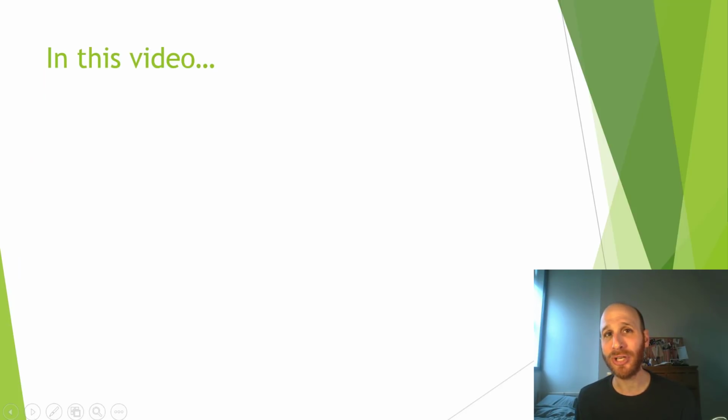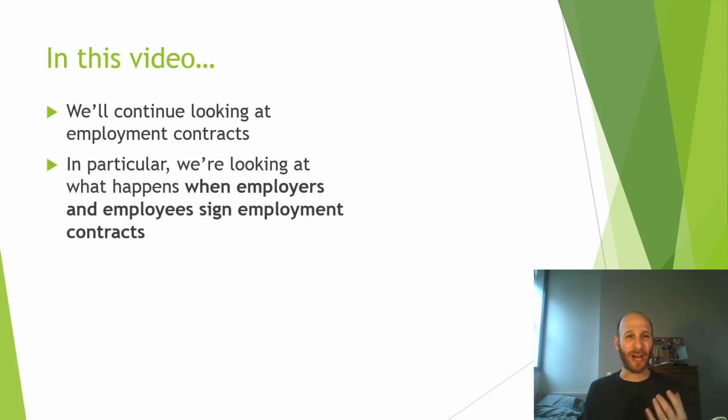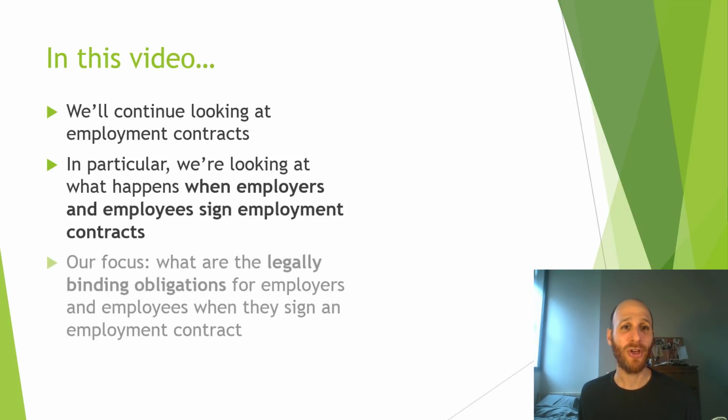In this video, we're going to look at a couple of things. We're going to look at employment contracts. We're also going to think about what happens when employers and employees sign employment contracts. What happens next? What are the consequences?